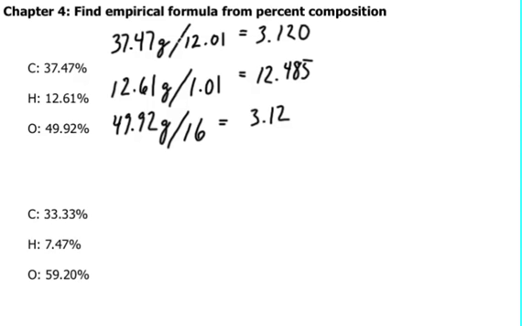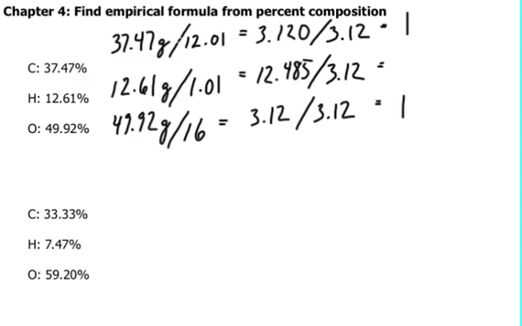You take the smallest number, 3.12, and you divide every single number by 3.12. Now for the top and bottom, it's pretty easy. You get 1. And for this one, plugging it into the calculator, 12.485 divided by 3.12, you get very close to 4. Okay, so I'm getting 4.00 here.